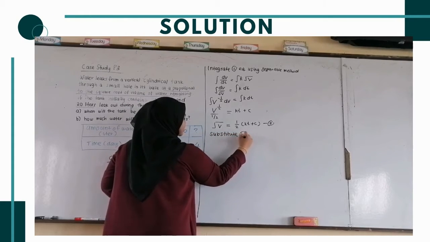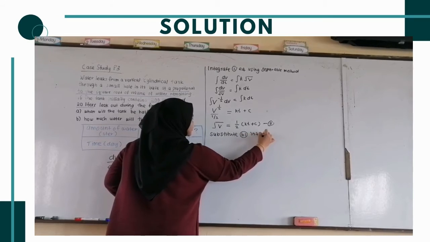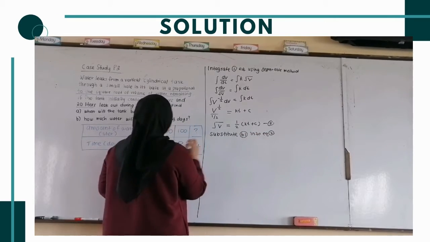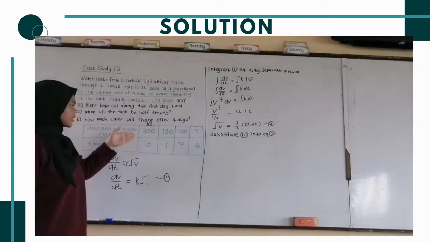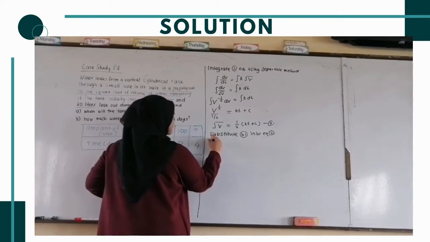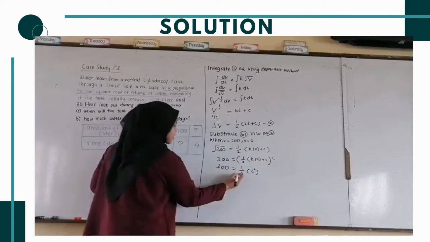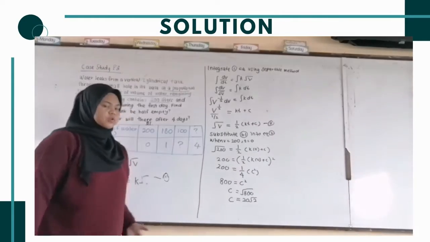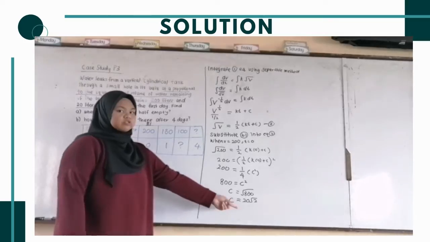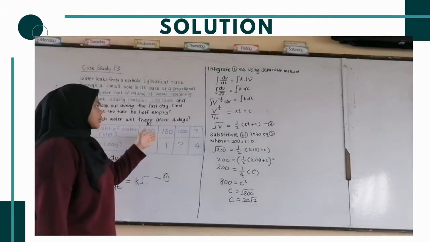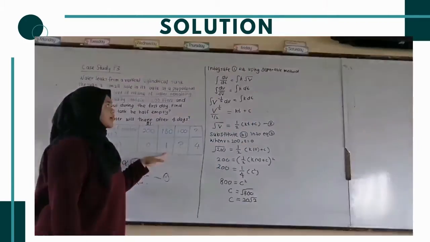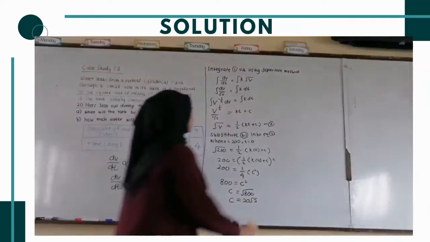Substitute boundary condition 1 into equation 2. Right, so the first boundary condition is V is 200 when t is 0. So when we get the value of c, which is 20 square root of 2, we need to substitute boundary condition 2 to find the value of k.